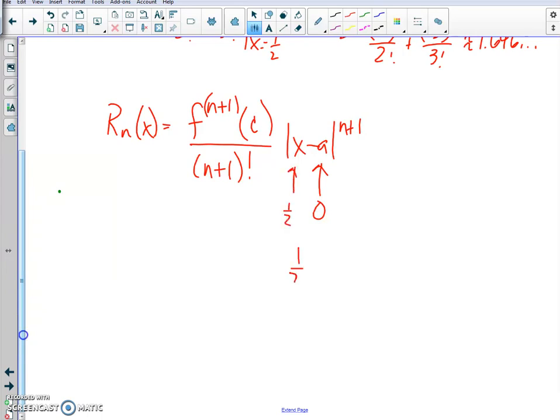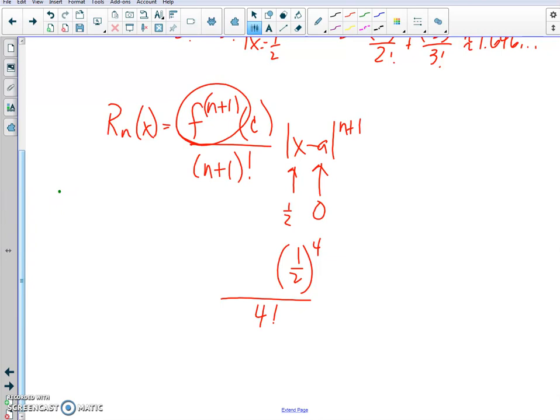So I know I have 1/2, and since I had taken 3 derivatives to create that third degree polynomial, this would be to the 4th power. I'm going to divide by 4 factorial then as well. And then again, as always, this is the big question mark.